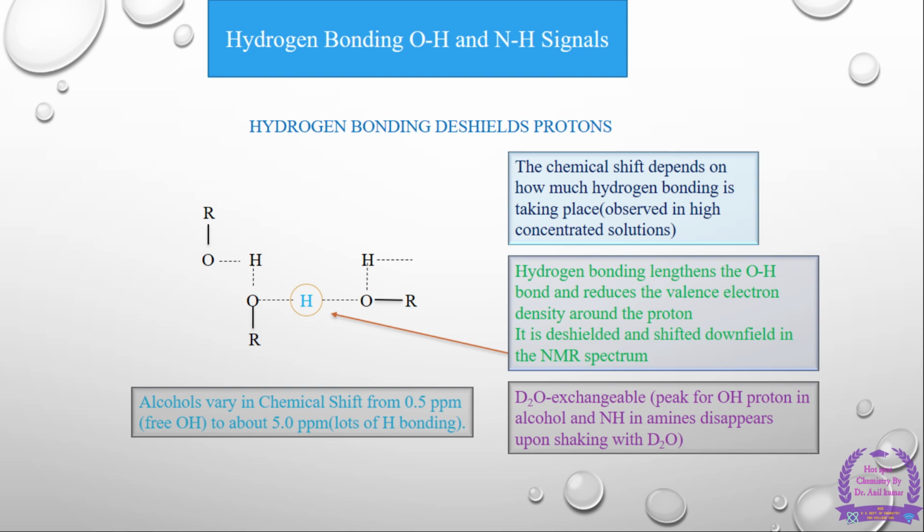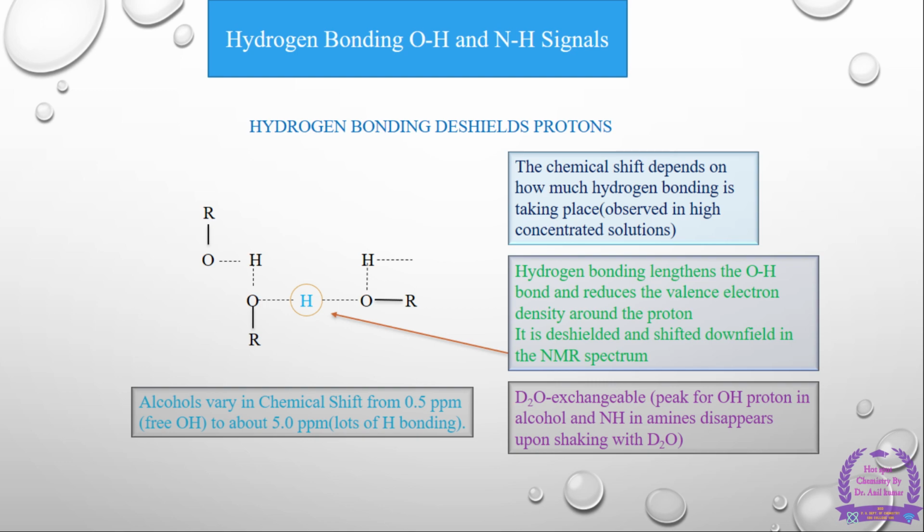The chemical shift depends on how much hydrogen bonding is taking place, which is observed in highly concentrated solution. Second, hydrogen bonding lengthens the OH bond and reduces the valence electron density around the proton. That is, it is deshielded and shifted downfield in the NMR spectrum.